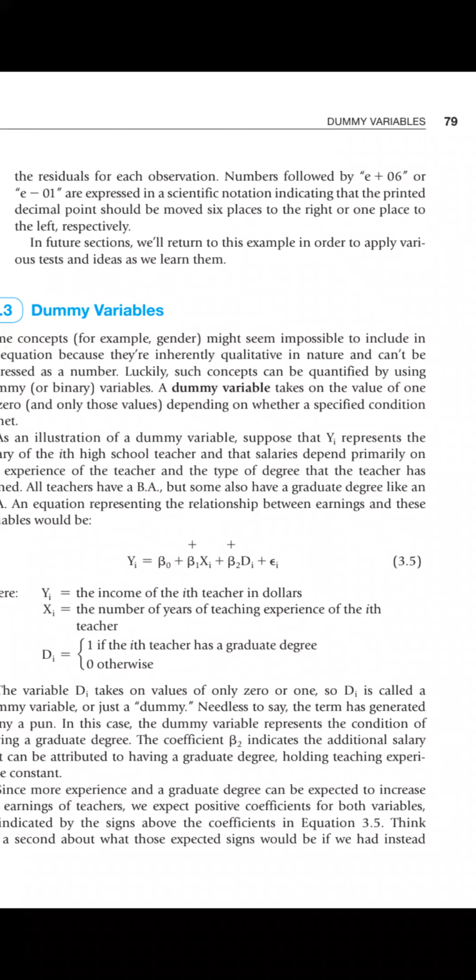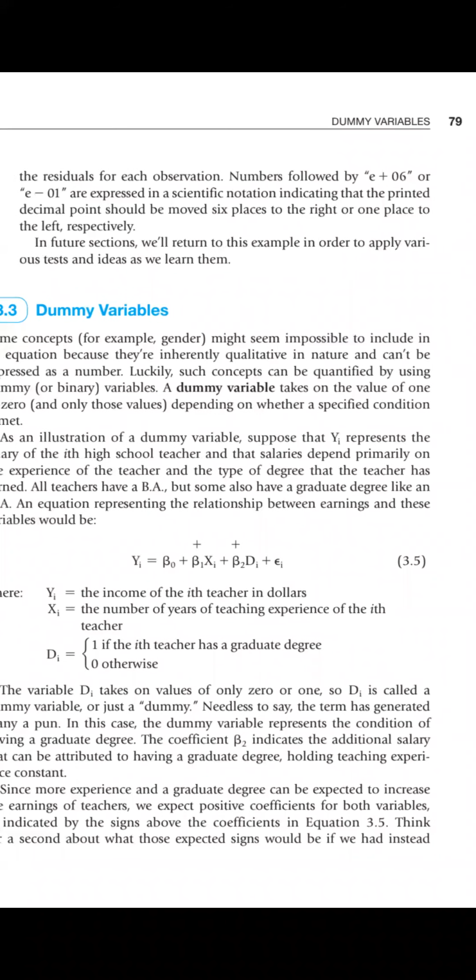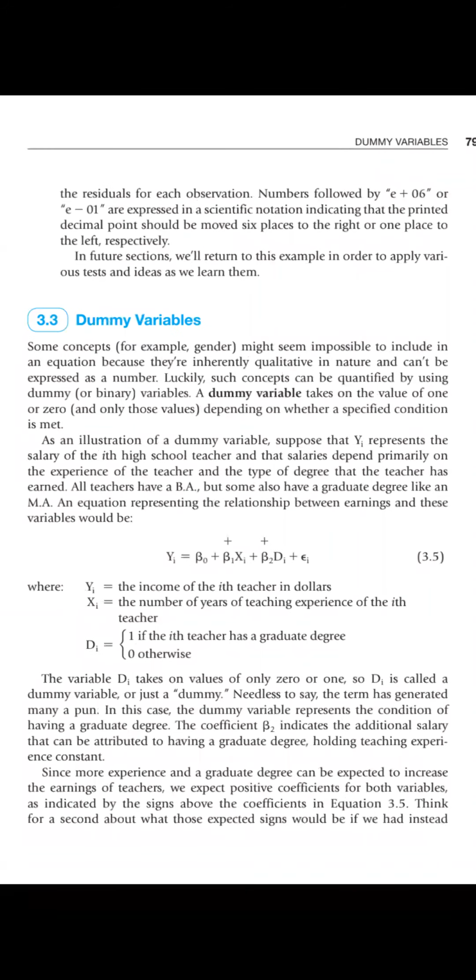In this illustration of a dummy variable, suppose that yi represents the salary of a high school teacher. Remember, we said we want to use these things to make predictions, for instance about a person's salary. A person who has a degree and a person who doesn't have a degree will most likely not earn the same. Because it's qualitative in nature, we can decide to make it a dummy variable.